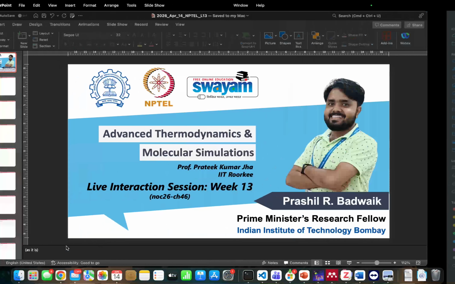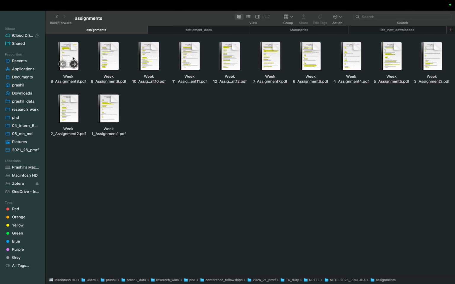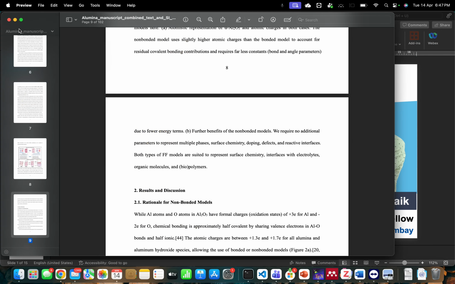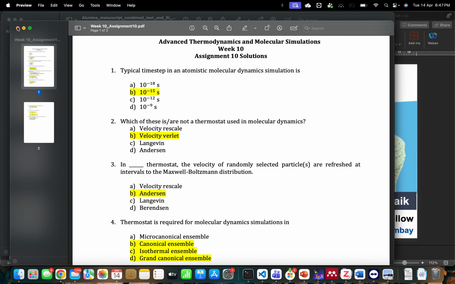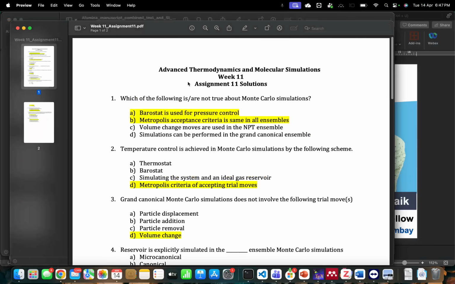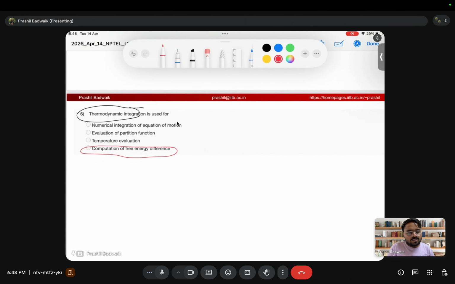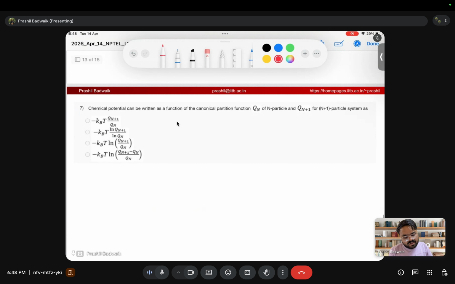This is what we studied, right? Then chemical potential can be written as a function of canonical partition function of this and this.